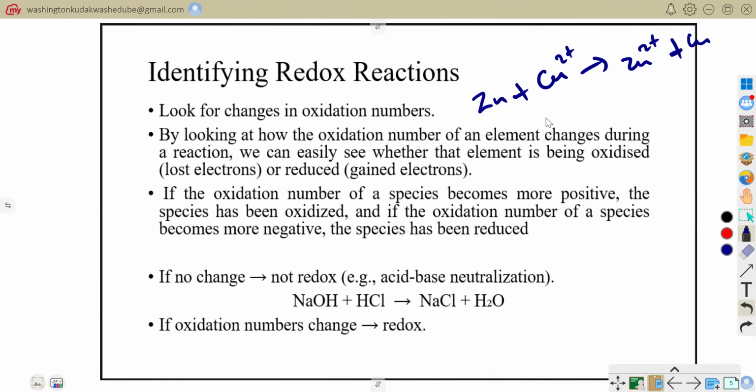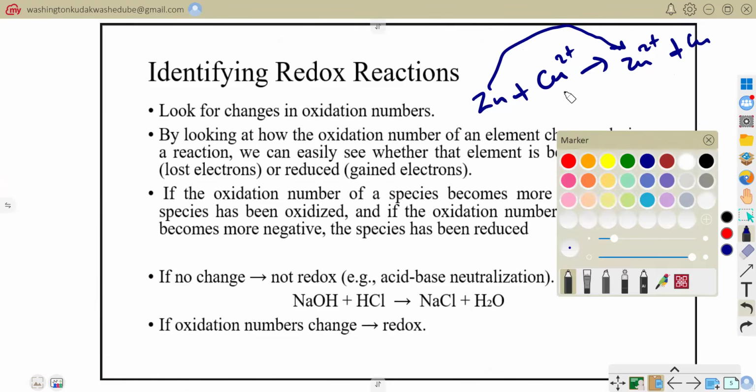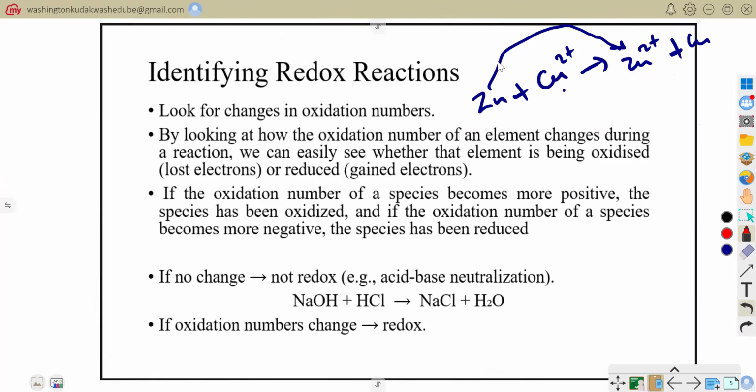You can see that there is oxidation of zinc, a change of oxidation state from zinc metal to zinc ions. Whilst here we also have a change in state from 2+ to 0, from copper 2+ ions to copper metal.